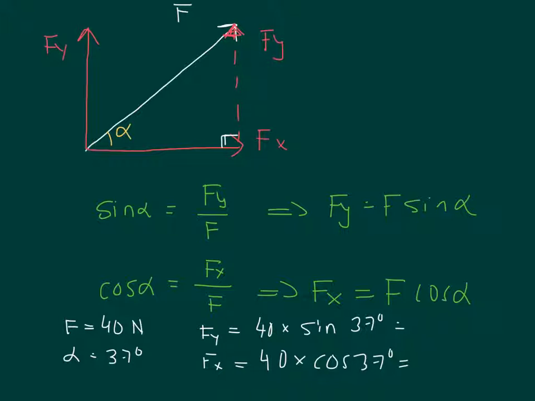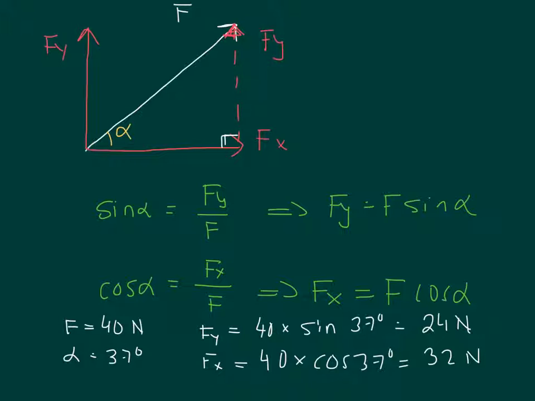My calculator seems to give for Fy the value of roughly 24 newtons. And the Fx gets the value of roughly 32. It's 31.9, but I'm making it 32 newtons.